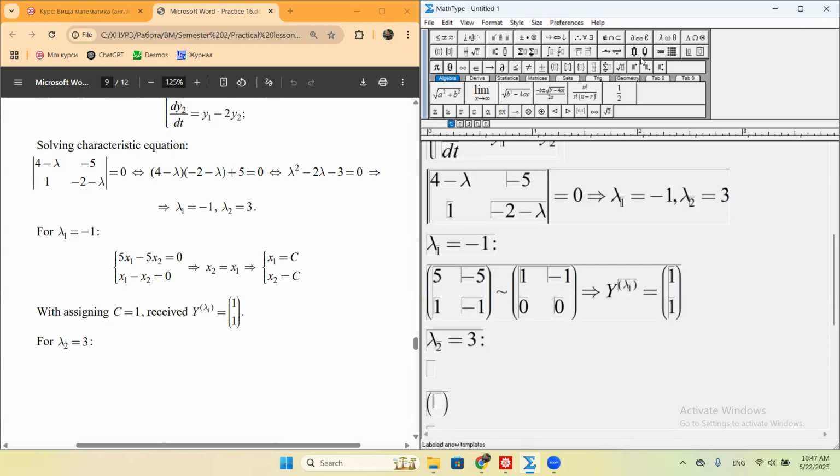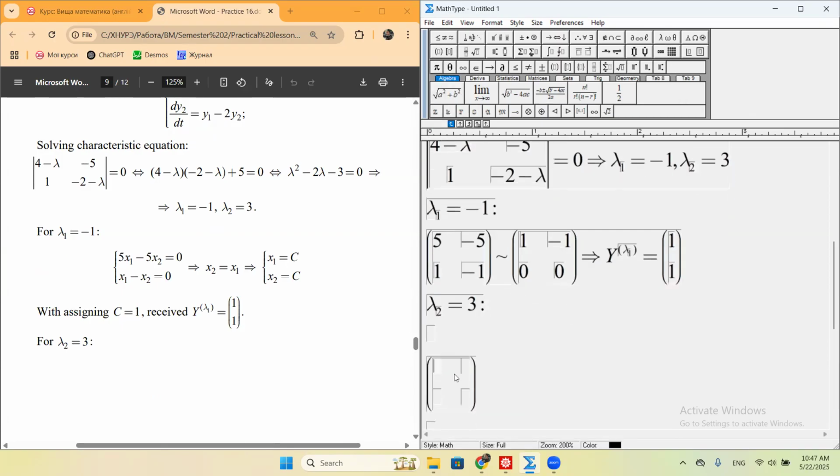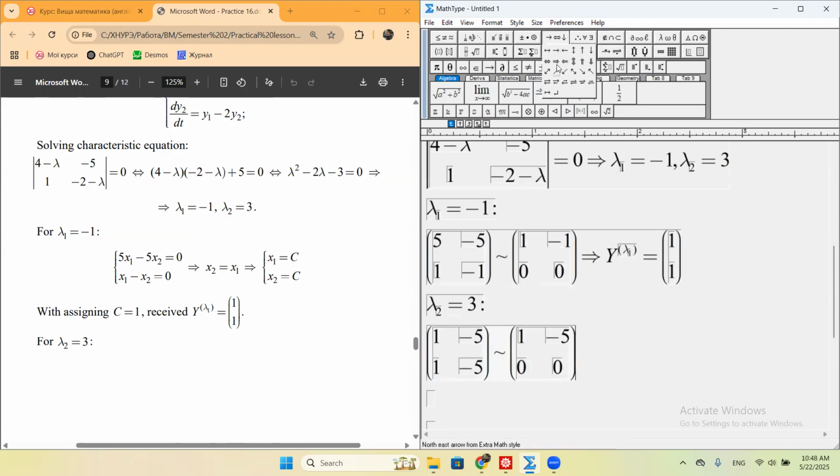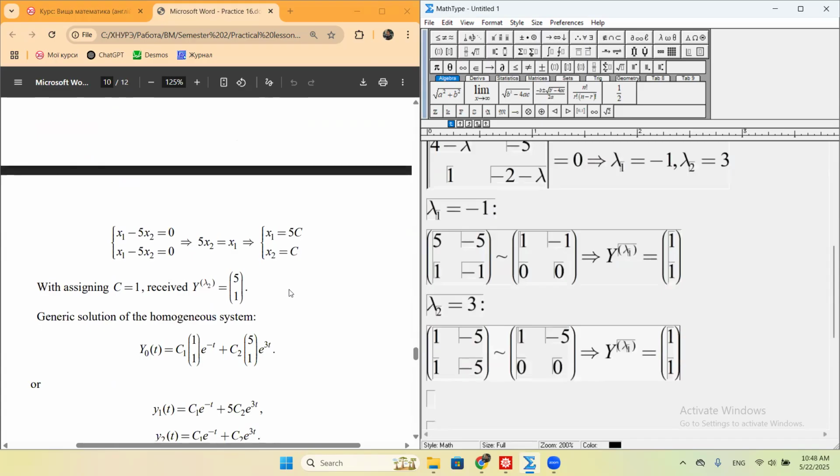So the following matrix: 1 minus 4 and 1 minus 5. And the eigenvector for it will be equal to 5, 1.